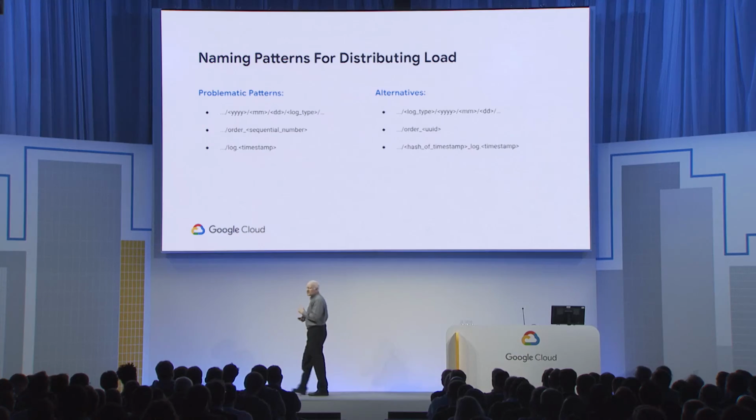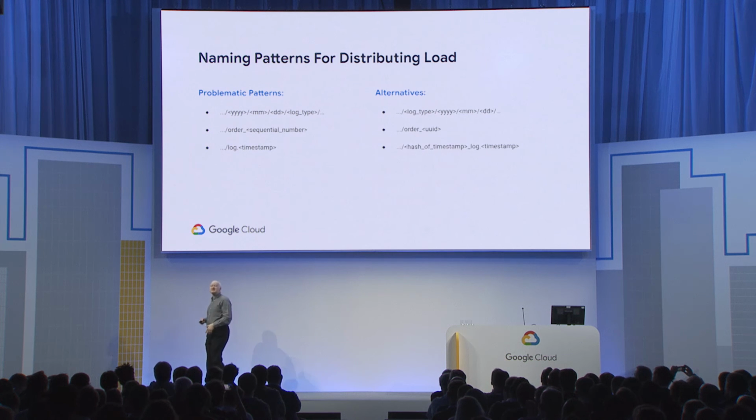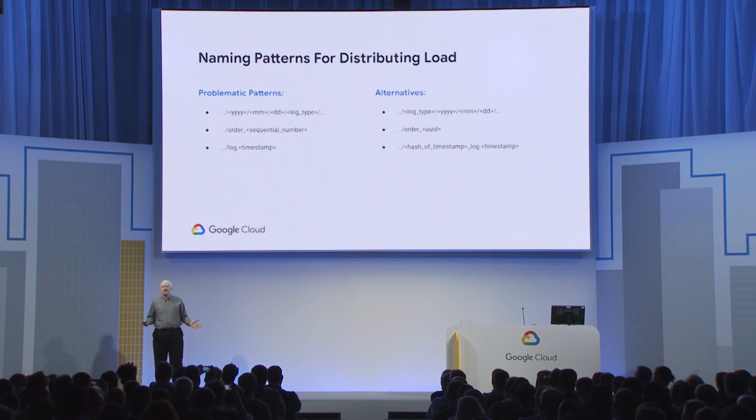You might just reorder the fields in your object names in order to spread the load more evenly. So instead of putting it in year, month, day order, maybe you do day, month, year order. Or you put the type of file at the beginning in order to break the lexicographic ordering of your object names. You might apply a hash to your namespace in order to spread the load across multiple shards.